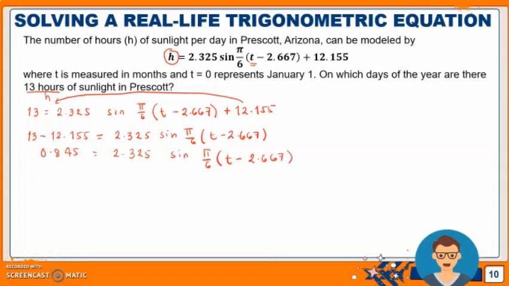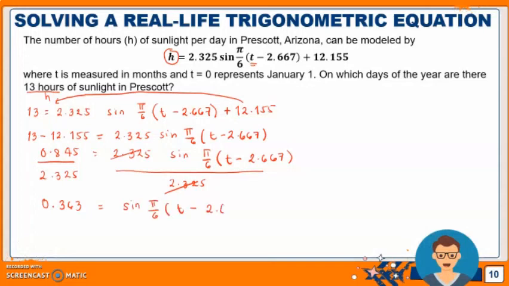So we need to divide both sides by 2.325, so this would be cancelled out. This would become 0.363 = sin(π/6 (t − 2.667)). Okay. Get the inverse sine of each side.